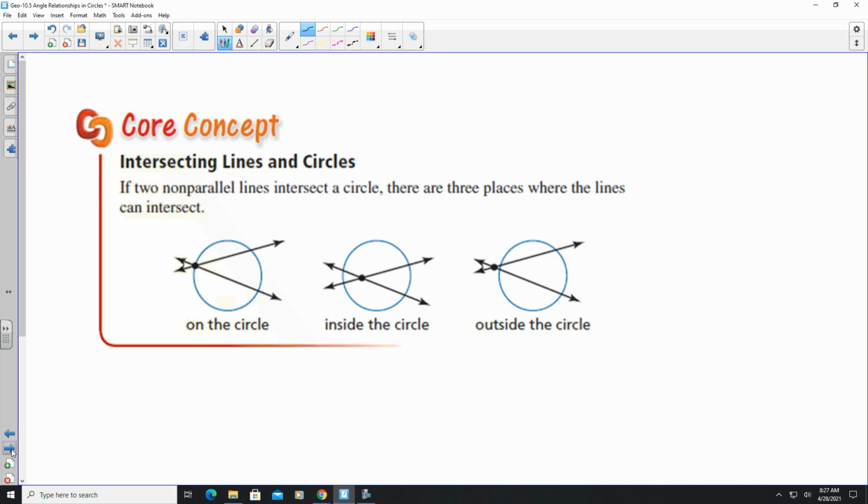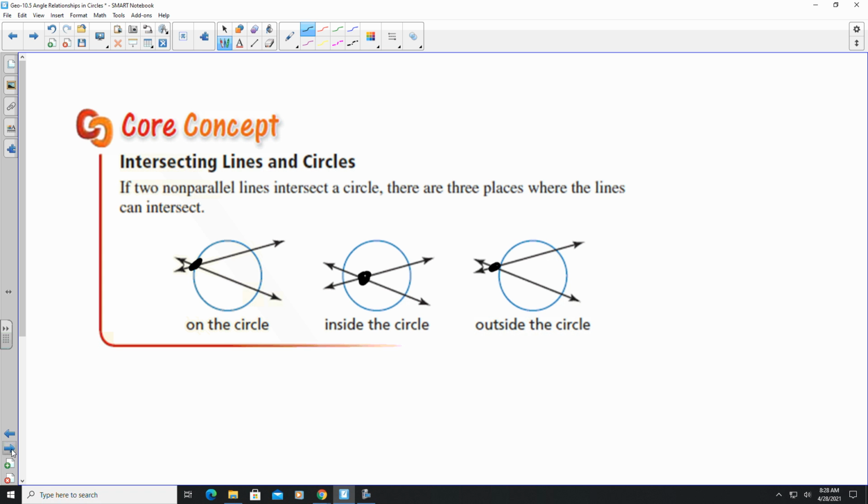This diagram here shows different spots where two lines that are not parallel could be intersecting with respect to a circle. There are three different types of intersections. You could have an intersection that's on the circle, you could have an intersection that's inside the circle, and you could have an intersection that is on the outside of the circle.